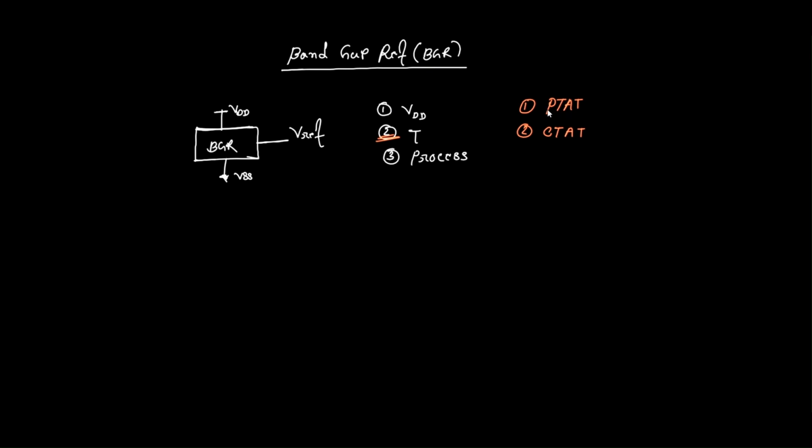PTAT stands for proportional to absolute temperature. That means the voltage rises if we increase the temperature, which is called PTAT.